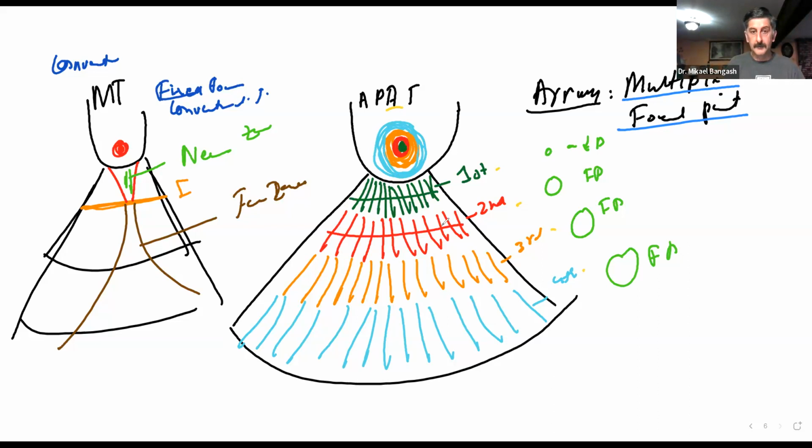The beams formed by the orange PZT will focus at this depth here, and the beams formed by the turquoise or light blue PZT will focus at this depth here. Because of the size of the PZT, it became bigger and bigger, so the focal depth became deeper and deeper.